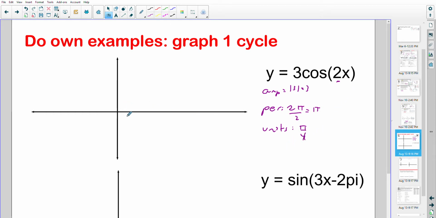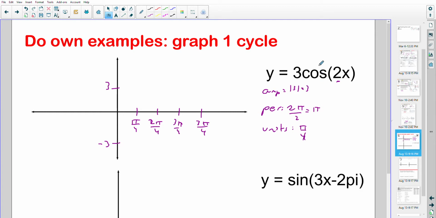So when I do this, I'm going to start by making tick marks. And for each tick mark, you're going to go up by pi over 4 units. I want to actually leave it in unsimplified form. And the amplitude is going to go up 3 and down 3. Now, this is the framework of it.